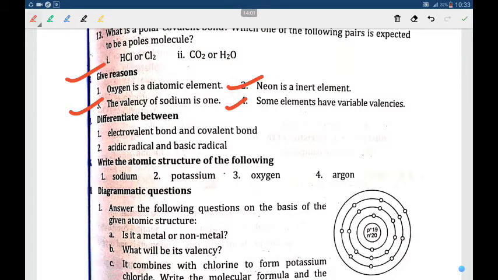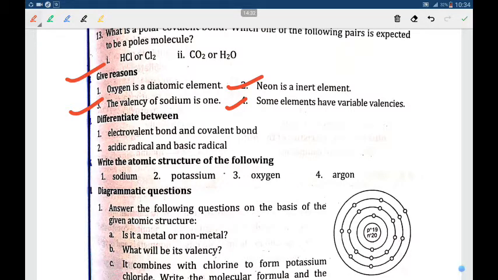Number 3, the valency of sodium is 1. Why? The valency of sodium is 1 because it has 1 electron in its valence shell, it donates 1 electron and becomes stable. Next one, variable valencies. Some elements have variable valencies.